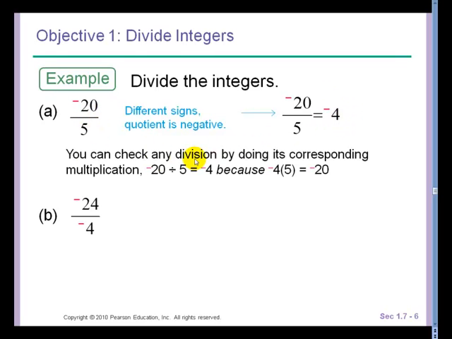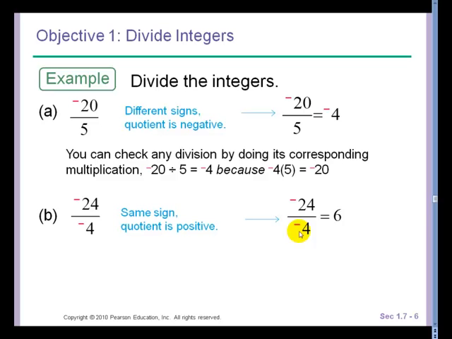You can check any division by doing its corresponding multiplication. So, negative 20 divided by 5 equals negative 4 because if we do the corresponding multiplication, negative 4 times 5 equals negative 20. The quotient times the divisor equals the dividend. Negative 24 divided by negative 4. They have the same signs, so the quotient is positive.